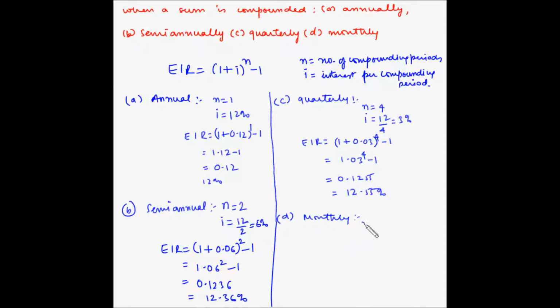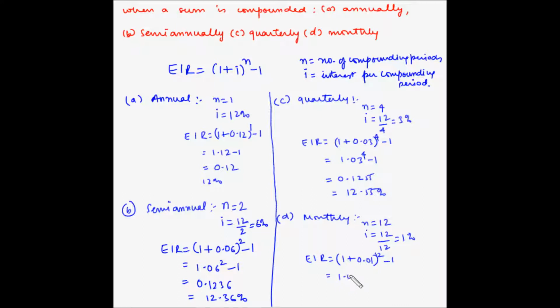Next we'll do monthly. So n in case of monthly is 12, and i is 12 divided by 12, which is 1%. So effective interest rate is equal to (1 + 0.01)^12 - 1.